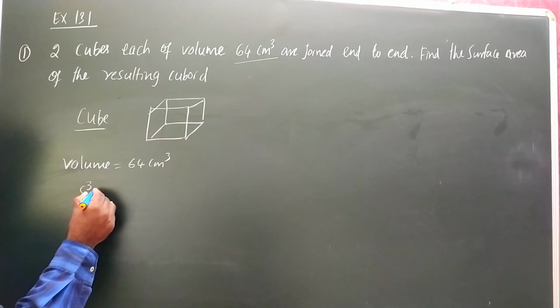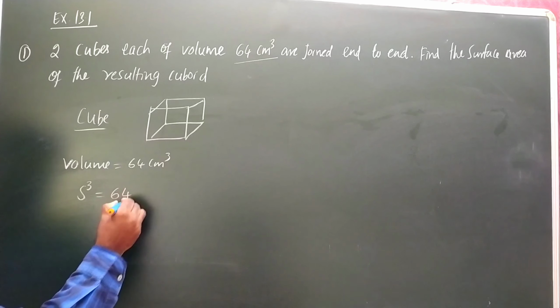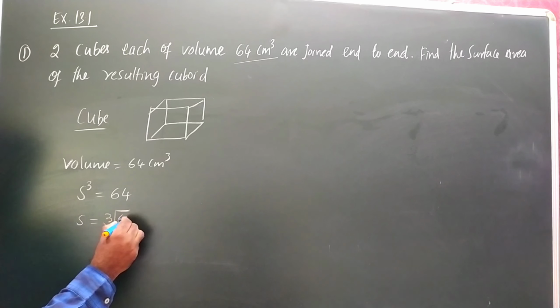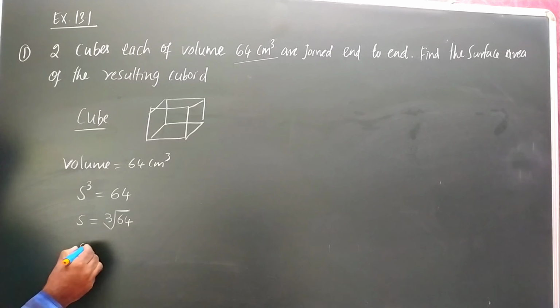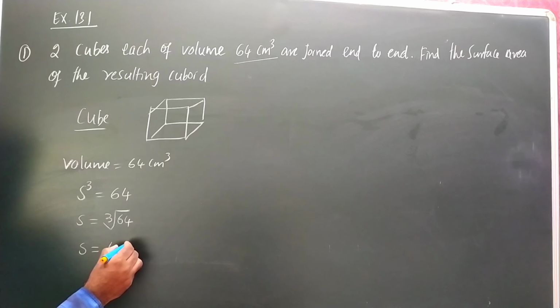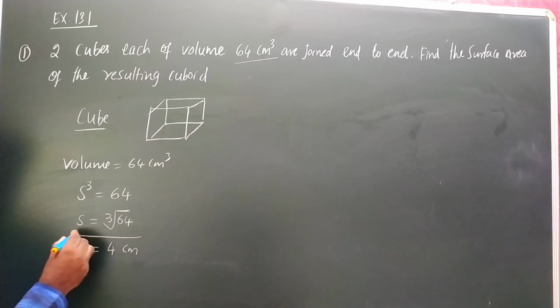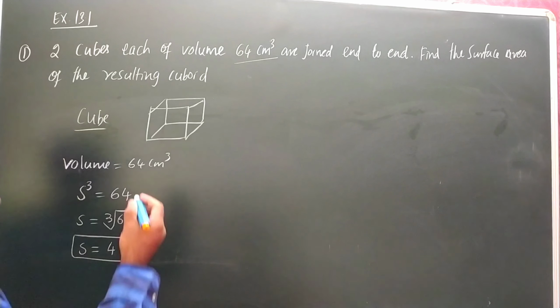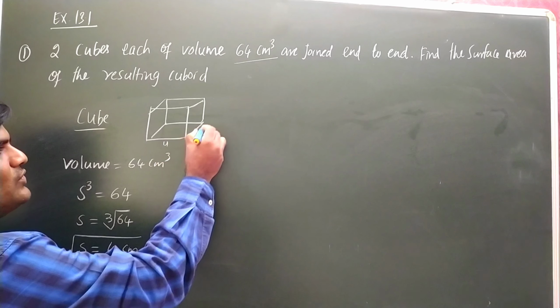So S cube is equal to 64. S equals the cube root of 64. Cube root of 64 is 4 centimeter.